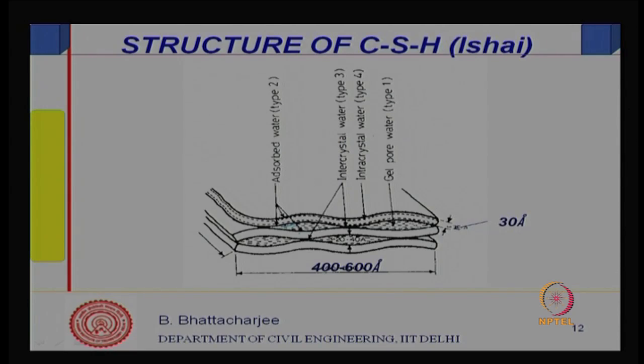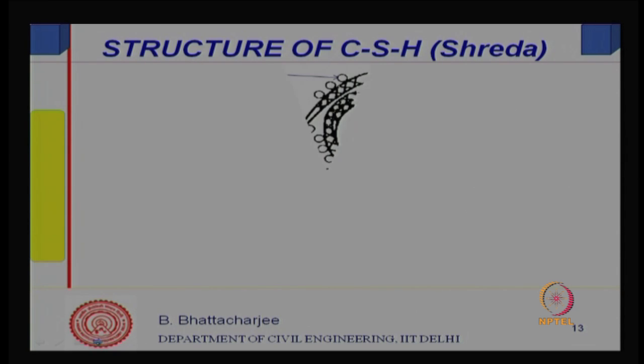Then this water he is calling intercrystal water, which is between the layers of CSH, and then still there will be some water in the space between the sheets, which is being called gel water. So, this was one model proposed.